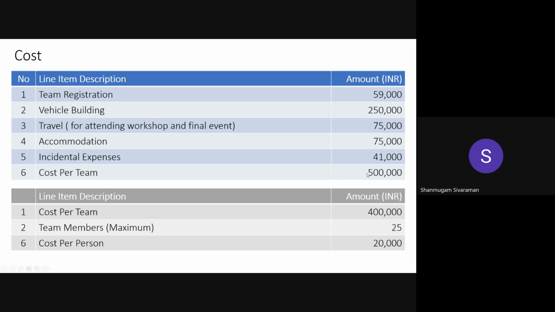Now assume you have topped the overall team rank. That means your team is the best team among all the teams. Assuming that there are 25 students and each one is getting a placement, and if they are getting about 5 lakh per annum salary, that will translate into roughly about 1.25 crore.